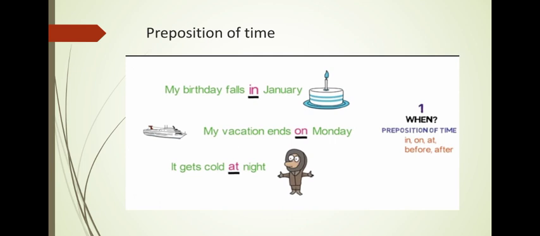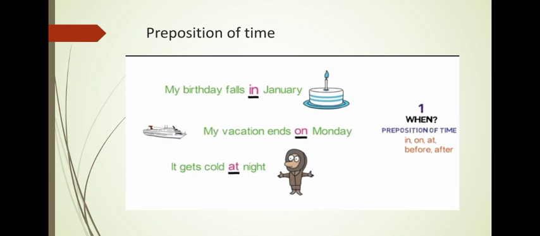The first type of preposition that we have seen is the preposition of time. These are some of the given examples. My birthday falls in January. The relationship between the other words and January is being linked by the word in. So in is a preposition here. My vacation ends on Monday. Here the relationship between the vacation and Monday is being linked by the word on.